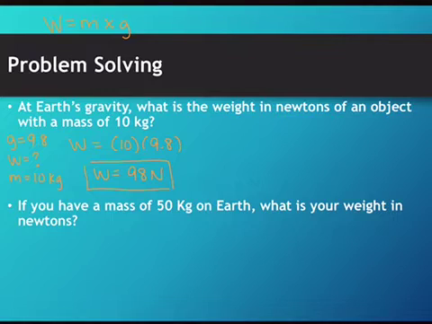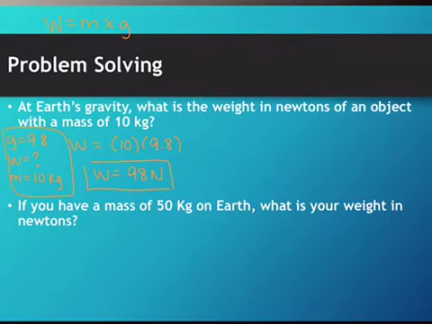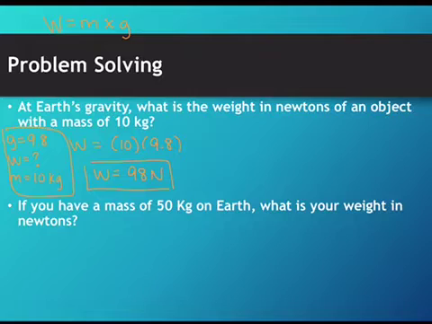To try it again, I really do like to list the pieces of information from the problem on the left-hand side, and then just plug them into the equation. And so let's try this with our second problem. If you have a mass of 50 kilograms on Earth, what is your weight in newtons? So we know our mass is 50 kilograms.